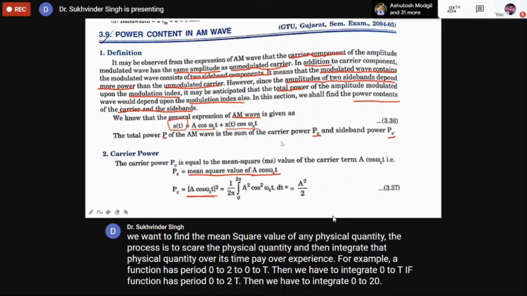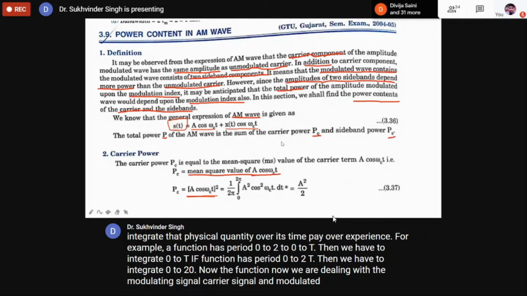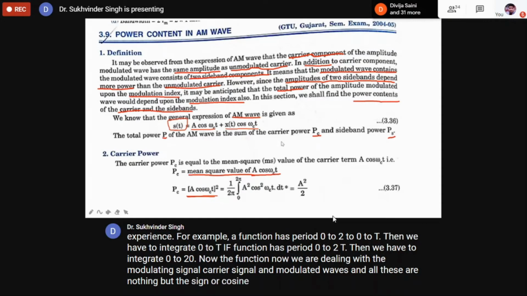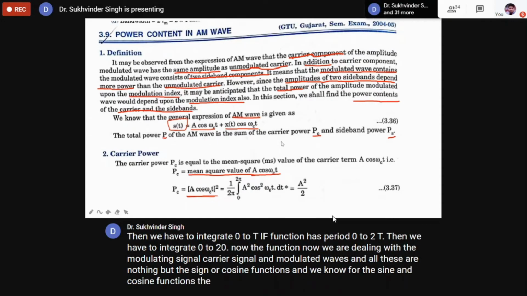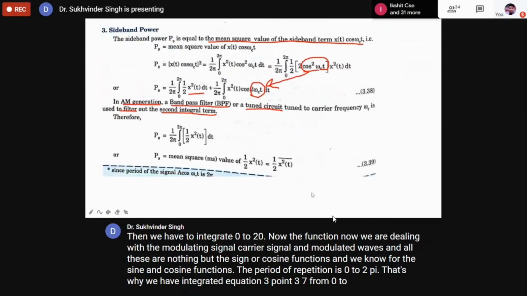Now we are dealing with the modulating signal, carrier signal and modulated waves, and all these are nothing but sine or cosine functions, and we know for sine and cosine functions the period of repetition is 0 to 2 pi. That's why we have integrated equation 3.37 from 0 to 2 pi.